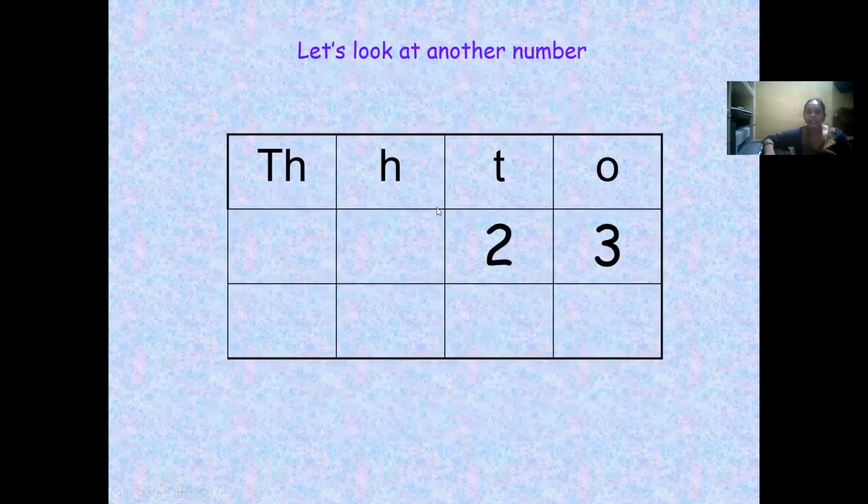Similarly, let's take another example. Now there are two digits. One is at ones place, another one is at tens place. So the number is 23. Again, you will shift both the digits to the left. See, when you multiply the digit at tens place by 10, it will shift to hundreds place.